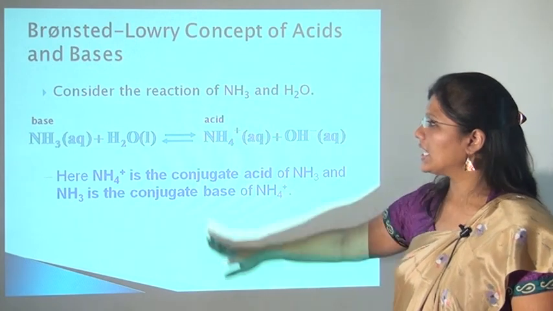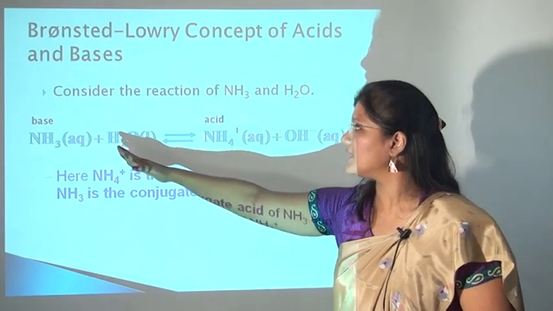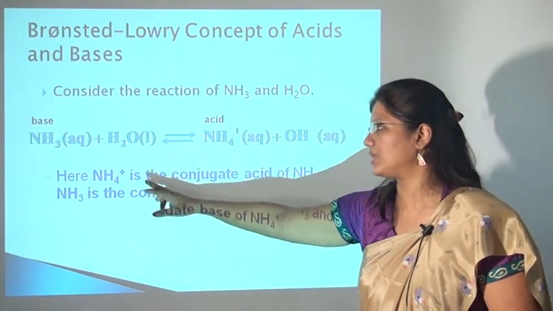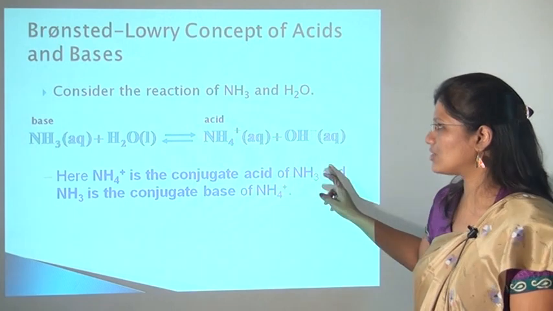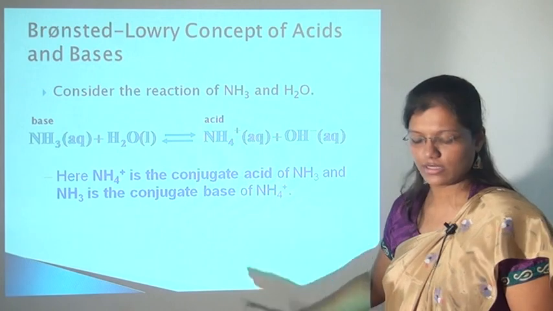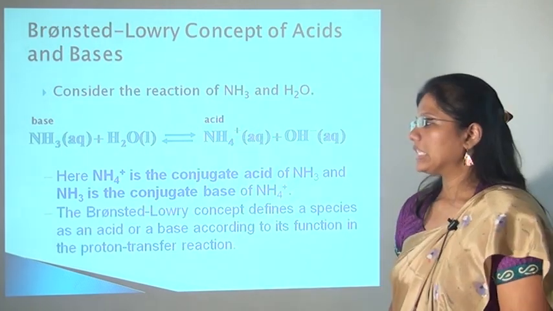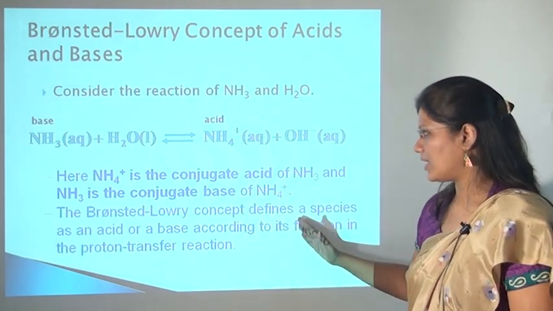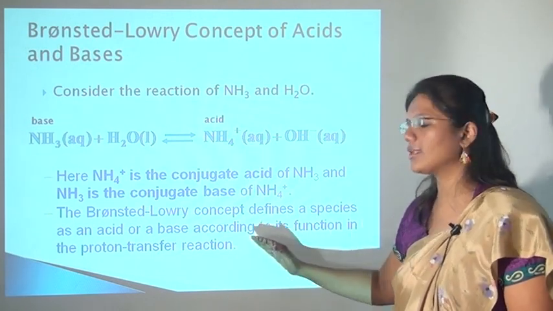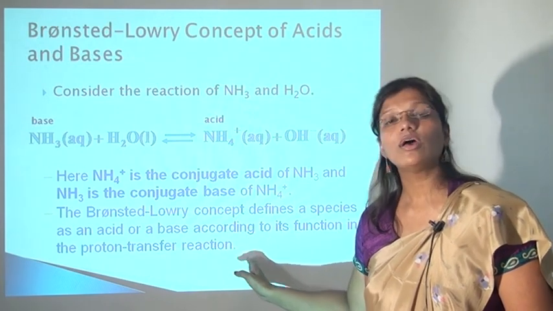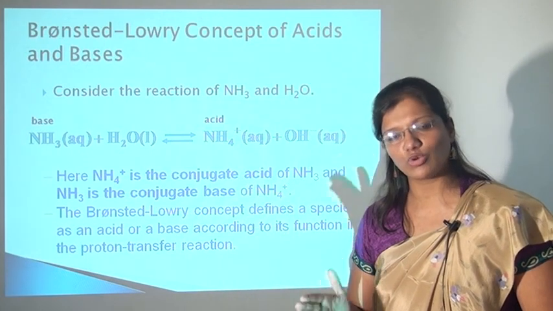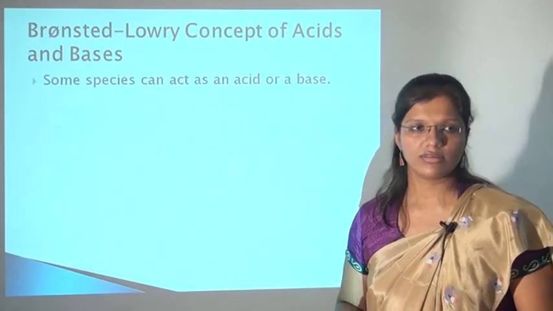NH3 is the conjugate base of NH4 plus, and NH4 plus is the conjugate acid of NH3. The Bronsted-Lowry concept defines a species as an acid or base according to its function in the proton transfer reaction. As we know, that which donates proton becomes acid, and that which accepts proton becomes the Lowry-Bronsted base.